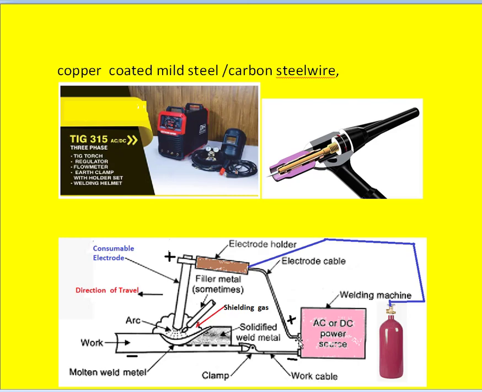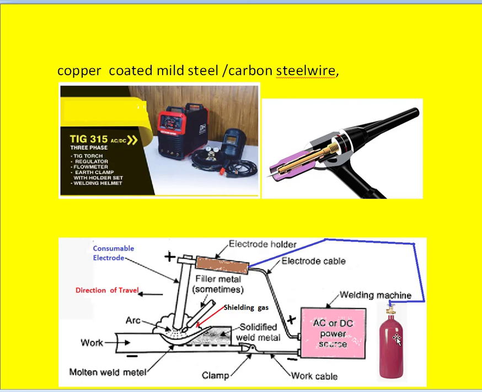From the DC supply we get a cable like this, and that cable goes through the holder, and from there it holds the electrode, that is the wire. Similarly, there is a cylinder which carries the inert gas, that is argon gas. From there a tube comes like this, goes through this holder, and surrounds this electrode.